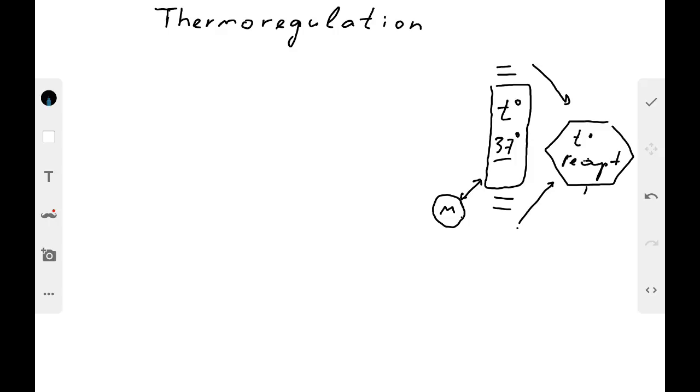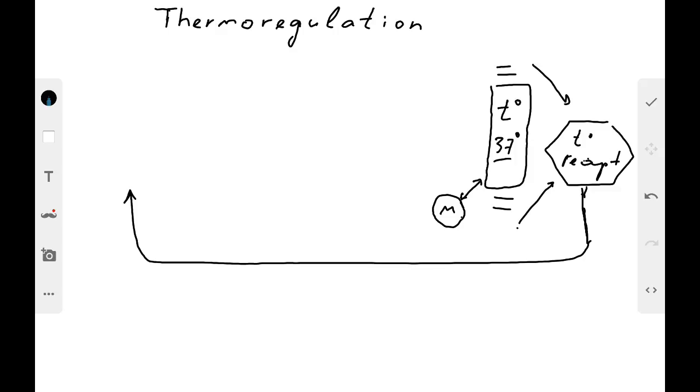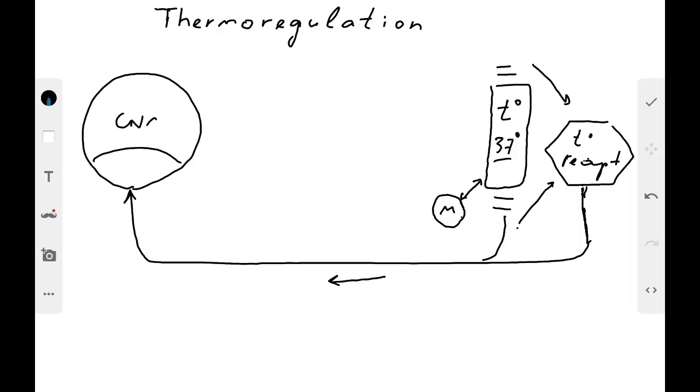From the thermoreceptors we have the feedback, the nerve fibers that carry the information coded in nerve impulses into the central nervous system, CNS. In the CNS we have the center of thermoregulation located in the hypothalamus.